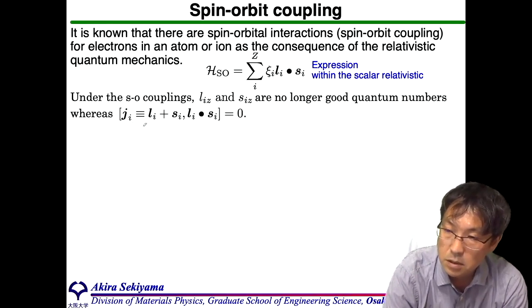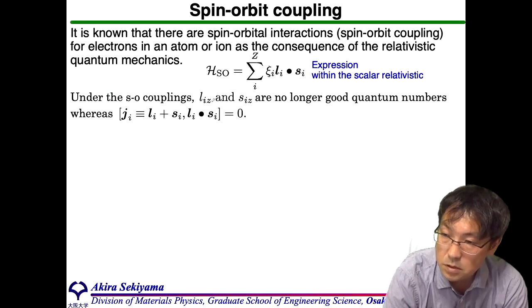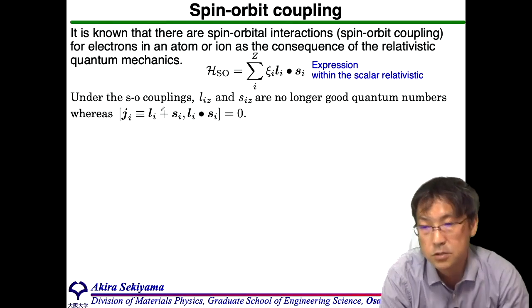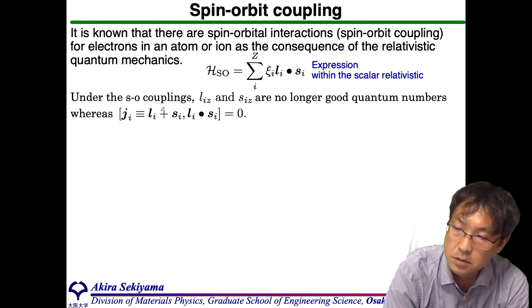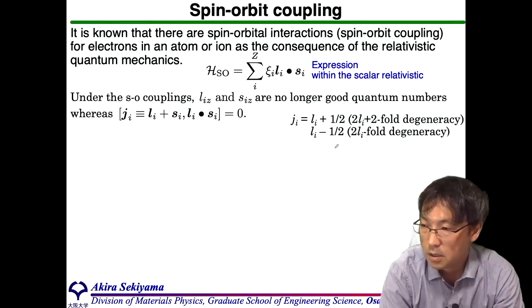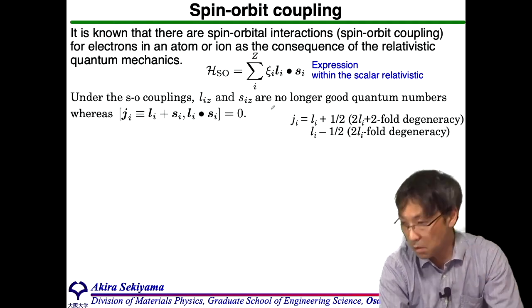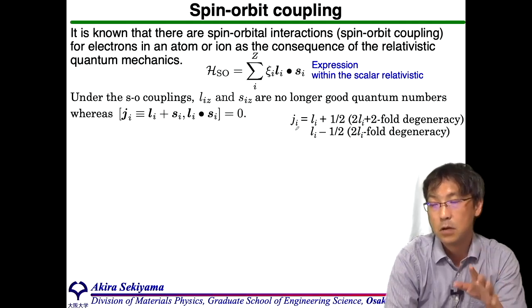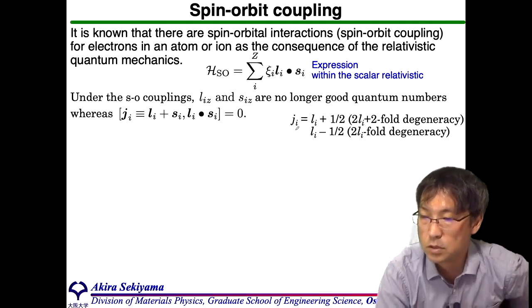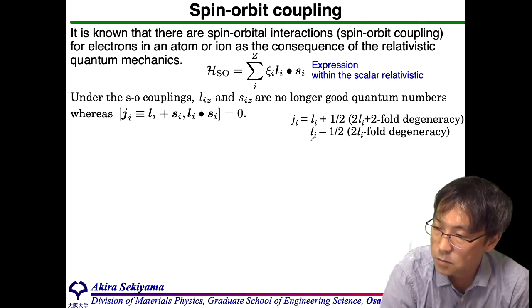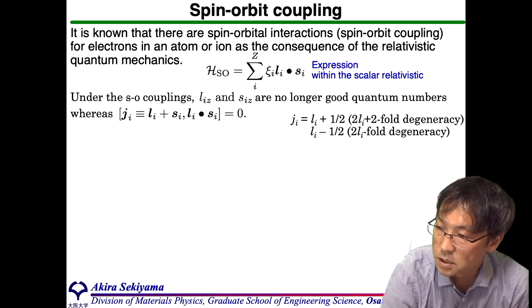But the sum of these, representing the total angular momentum, is still a good quantum number. Therefore, when the spin-orbit interaction is switched on in the core level, the core level splits into L plus 1/2 and L minus 1/2 with this degeneracy.